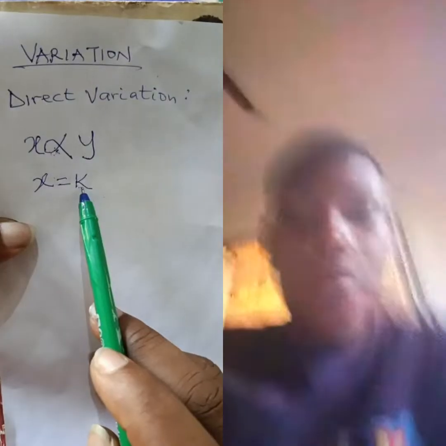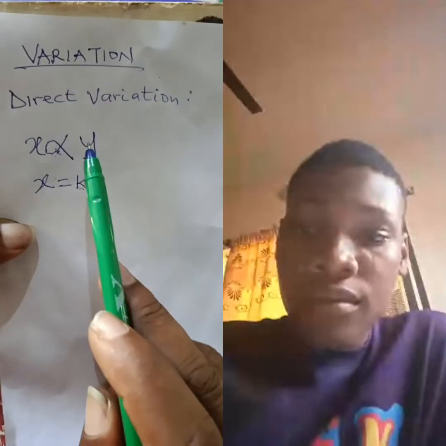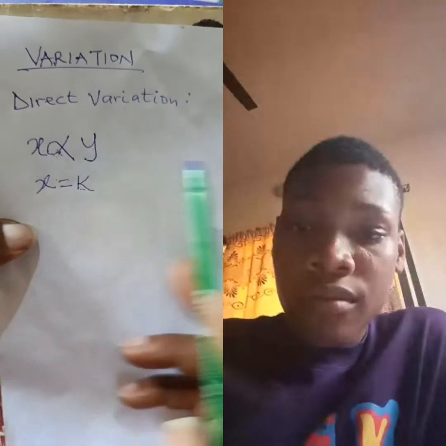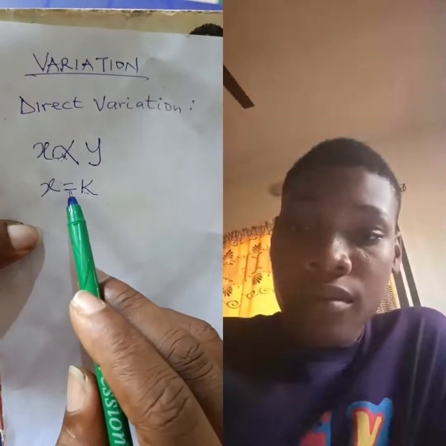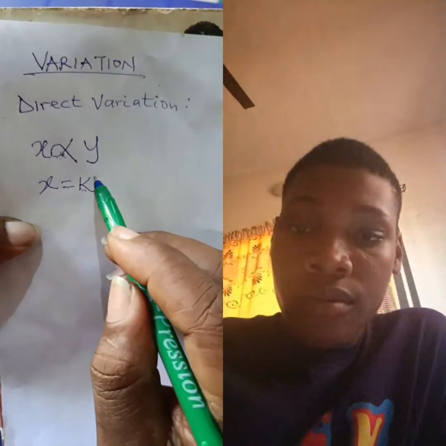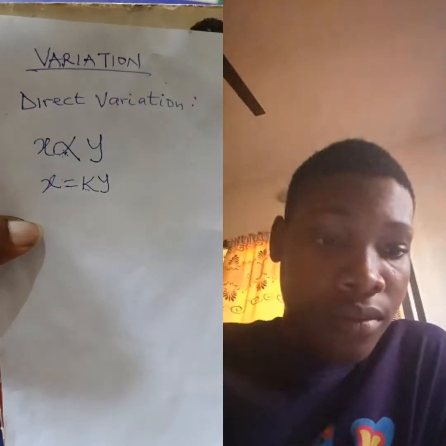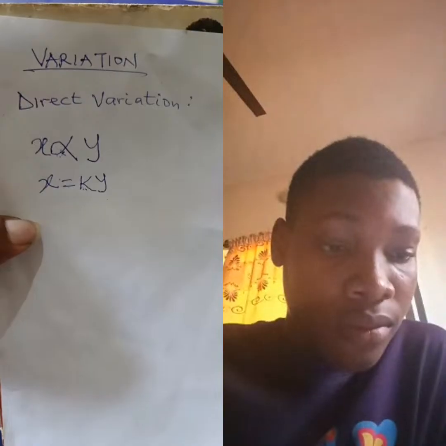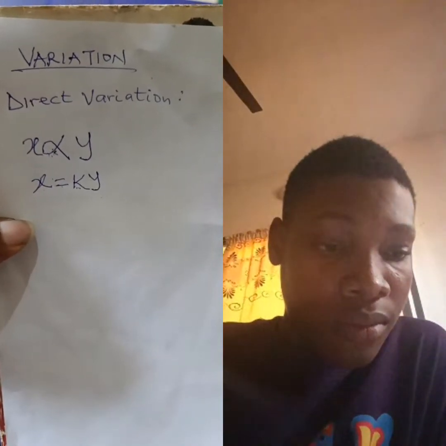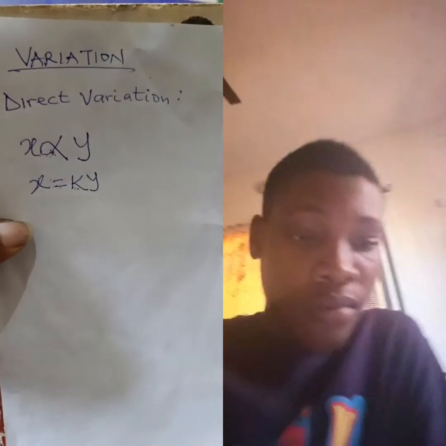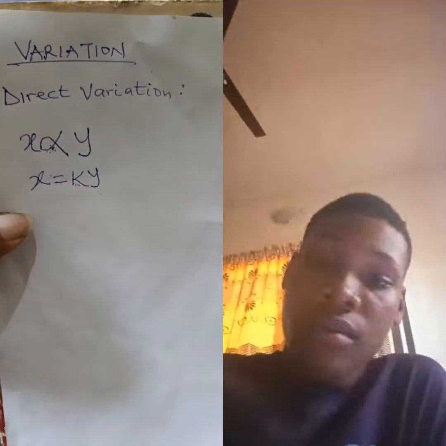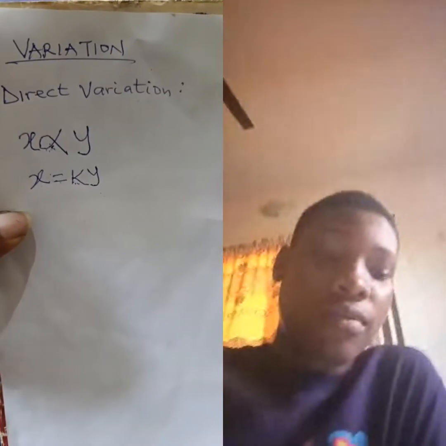Use that constant to multiply the second variable y. So it's going to be x equal to K times y, which is written as ky. Have you written that? Yeah.